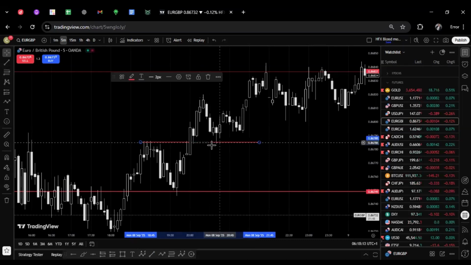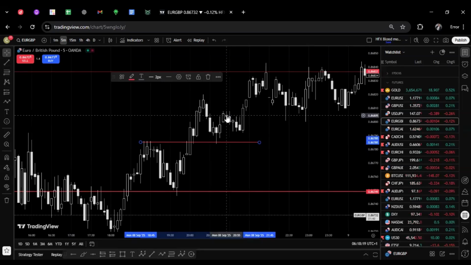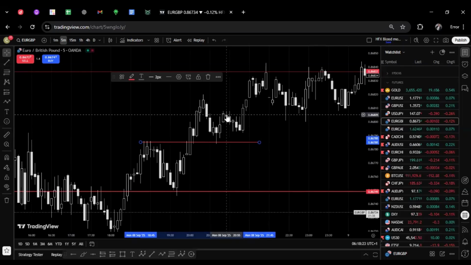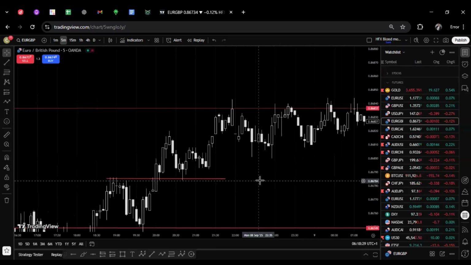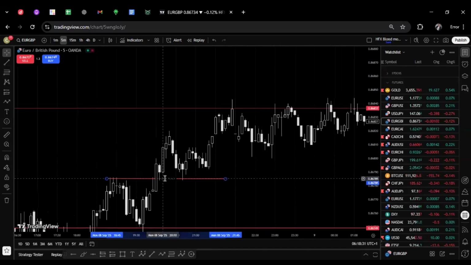What happened next? It came back again to this zone, 15 minutes, 1, 2, 3, cleared, and you're done for that zone. Now, you don't just take any zone, basically. We have a high here.